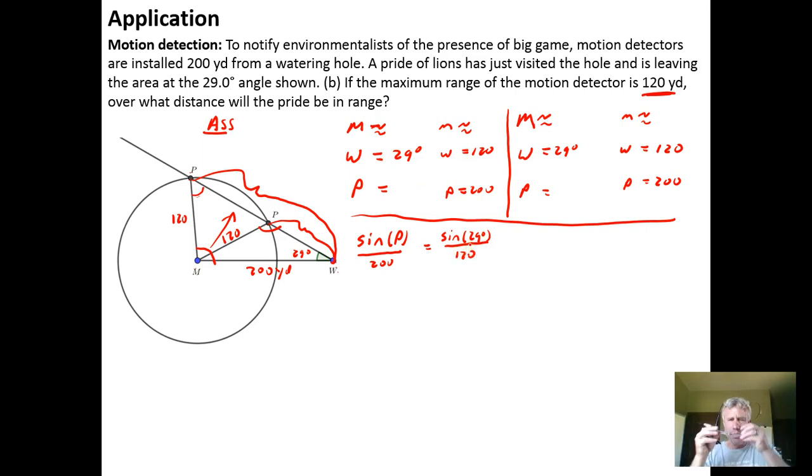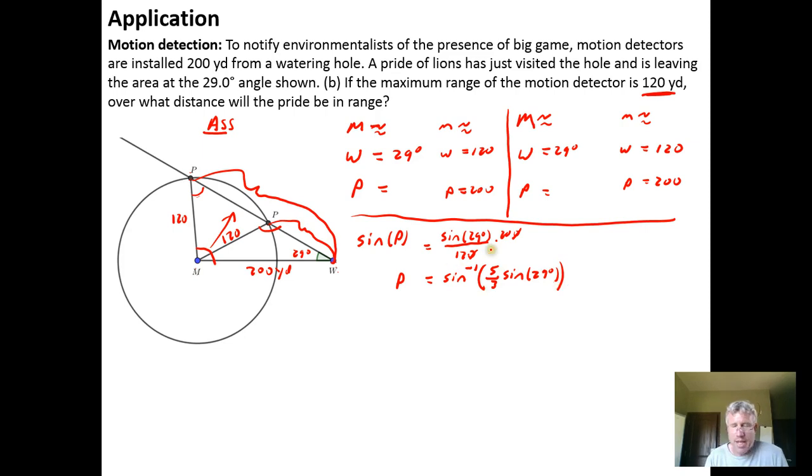So we put that in, and then we multiply both sides by 200 to get the sine of P by itself. Then we take the sine inverse of both sides, which digs the P out. So we get the sine inverse of 200 over 120. The zeros go away, and 4 goes into 20 five times and 4 goes into 12 three times. So we get 5/3 times the sine of 29 degrees.